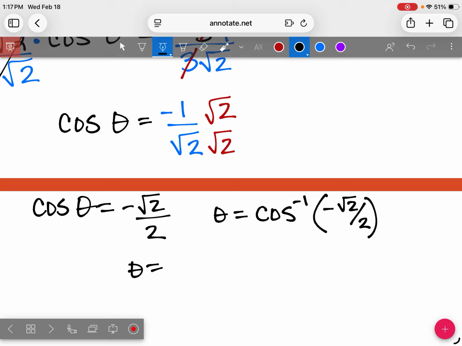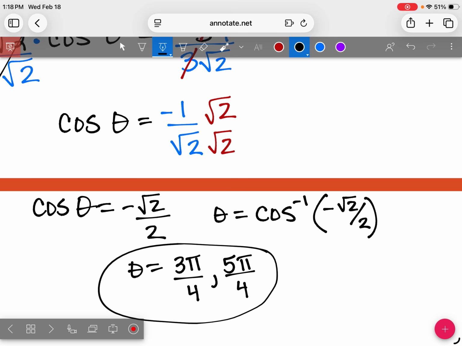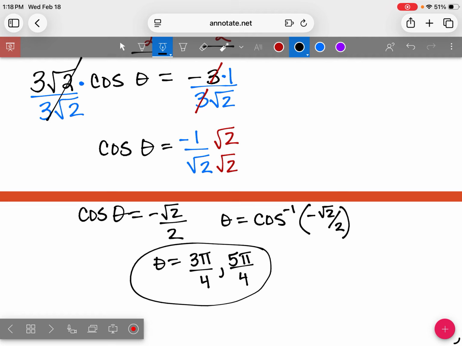So cosine is negative in quadrants 2 and 3. So you should get 3 pi over 4 and 5 pi over 4. Nope. Yes, 5 pi over 4. Who had that for their answers? Okay. So far, so good? Anything crazy? Pretty basic? Nothing crazy.